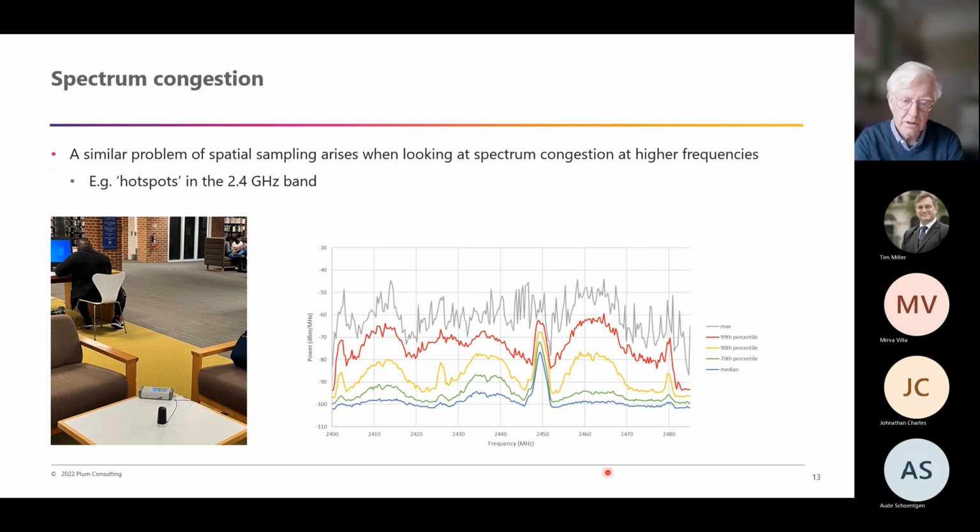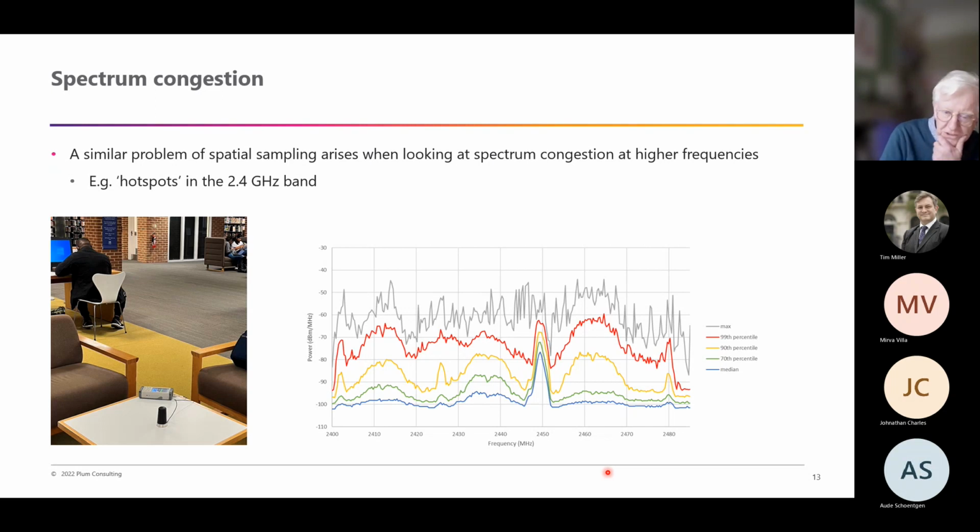And the same is true with understanding issues of spectrum congestion in particularly the ISM bands, the bands used by Wi-Fi, Bluetooth, and similar services, where you have a relatively small number of hotspots, where you have dense spectrum use and possibly a lot of mutual interference between the different services occupying these bands. But then if you move 100 meters, or half a kilometre away, you have an entirely different pattern of use.